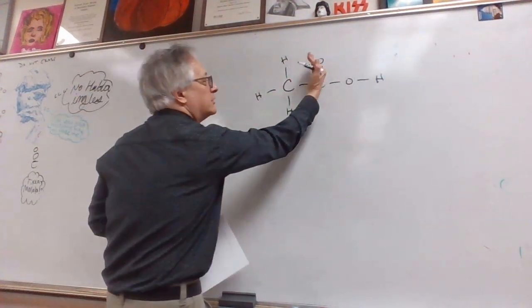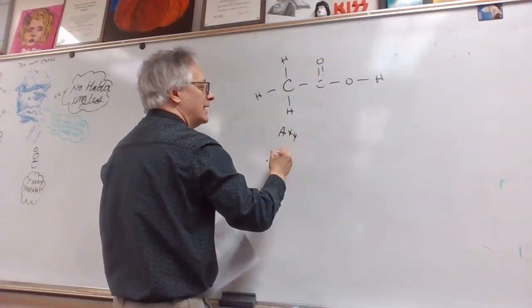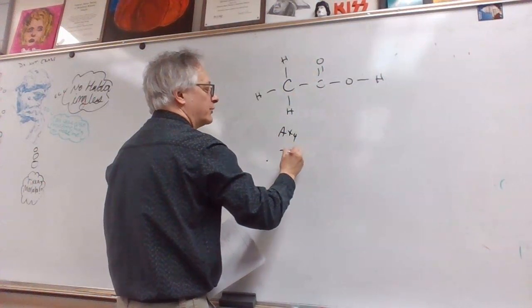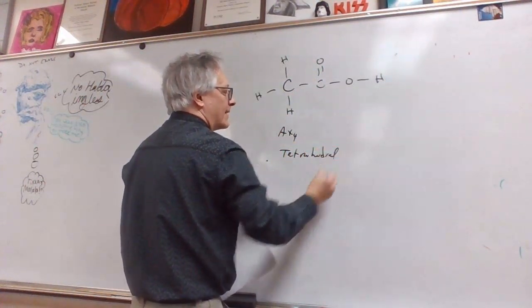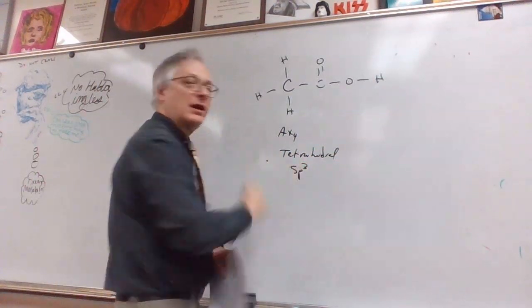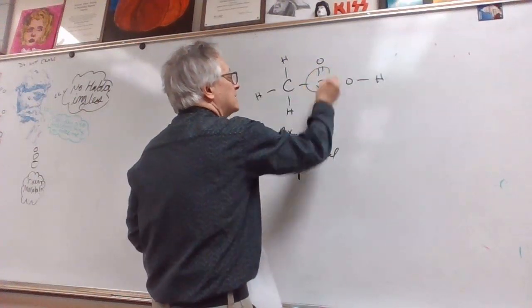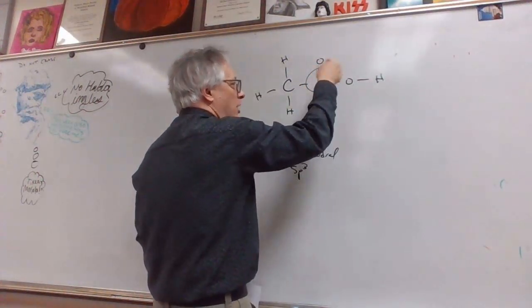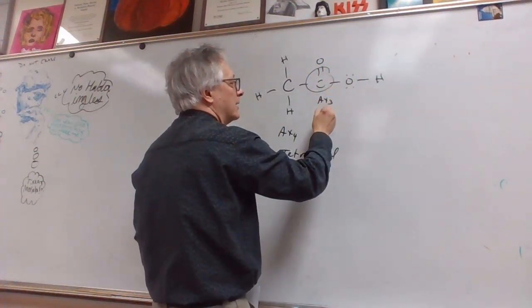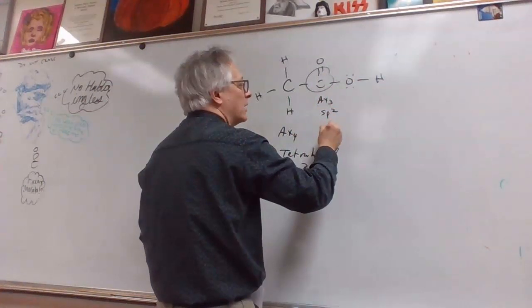Well, you just block out the rest of the molecule. This is an AX4. It's going to be tetrahedral. And it's going to be sp3 hybridized. Boom, done. You look at this carbon, it's an AX3, and this carbon right here is going to be sp2 hybridized, and the bond angles will be 120 degrees.